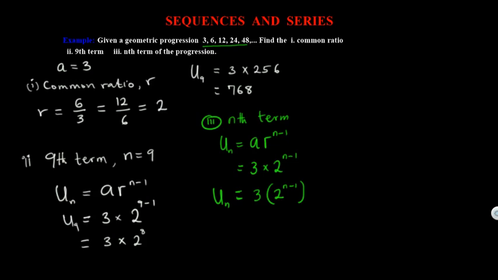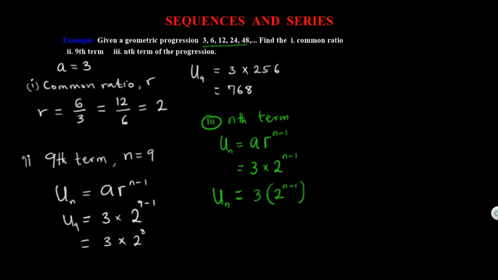But it has to follow a particular pattern, and it must be a common value. For series, when the terms of a sequence are being added together, such as 3 plus 6 plus 12 plus 24 plus 48, such is called a series.